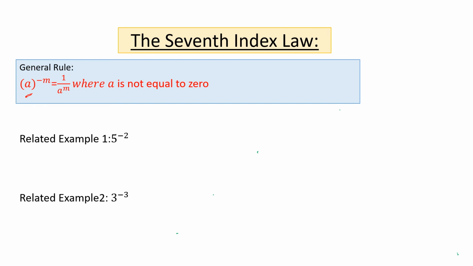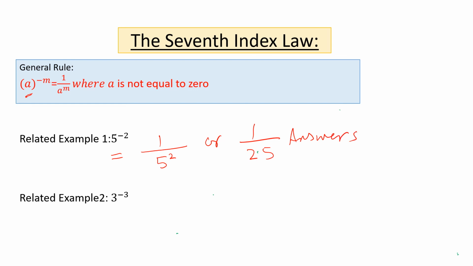For example, 5 raised to the power negative 2, it means if we use the above law, we will write 1 over 5 raised to the power 2, or we can write 1 over 25. Both answers are correct.